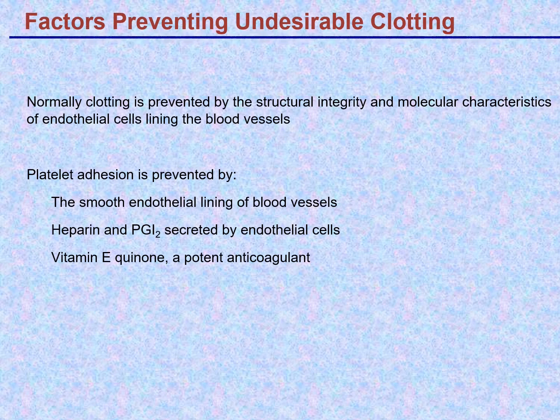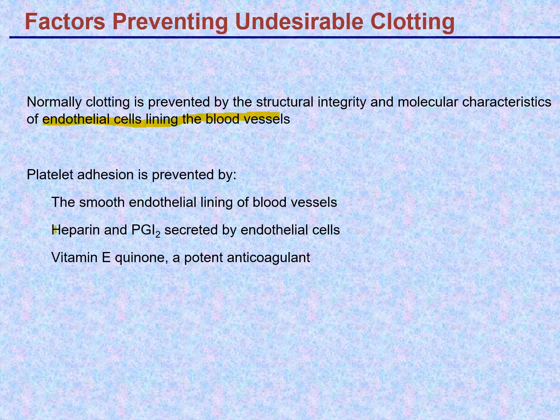So normally, in a normal, uninjured blood vessel, clotting is prevented by the integrity, the complete normal paving of the endothelial cells that line the blood vessel. Those endothelial cells provide a nice smooth lining, and they prevent any platelet adhesion.